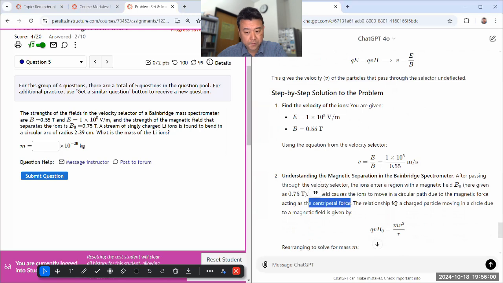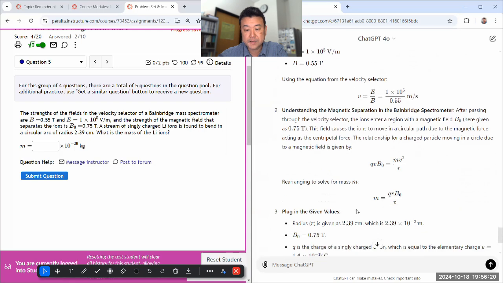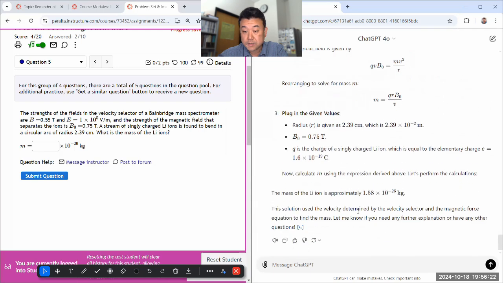It writes this down: the magnetic force, again assuming v and B start perpendicular, then v cross B just gives you vB magnitude-wise. Say that force is the centripetal force, and then you solve it for m. Then it says plug in the given values.